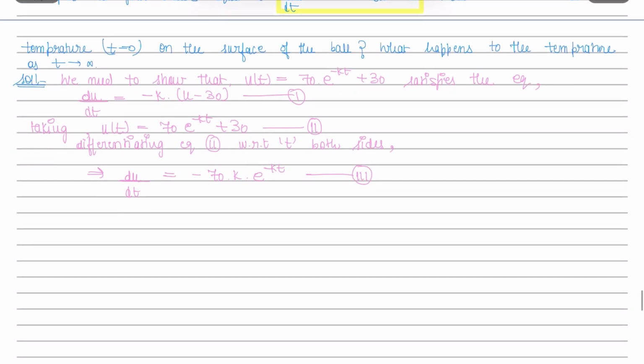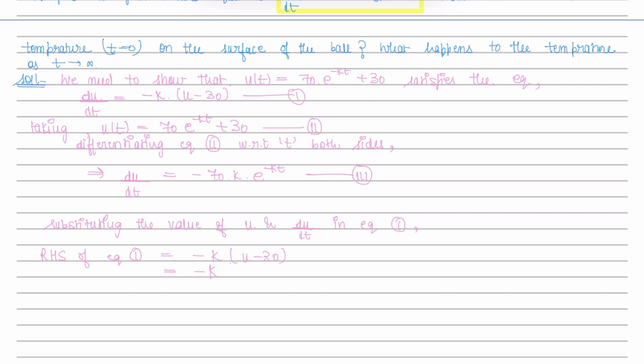Now, substituting the values of u and du by dt in equation number 1, the right hand side of equation number 1 is equal to minus k times u minus 30.